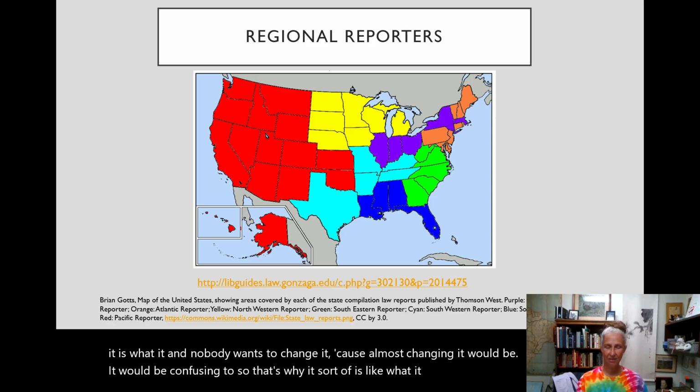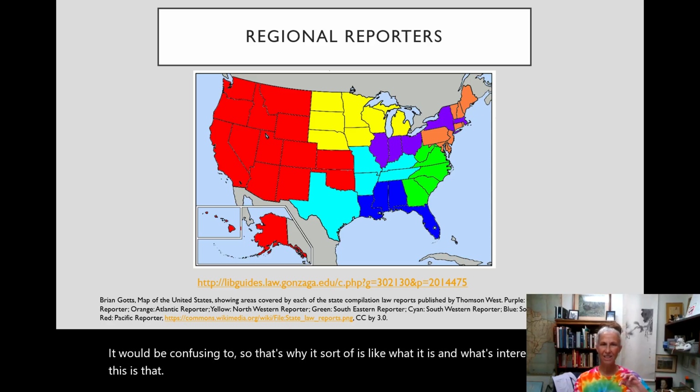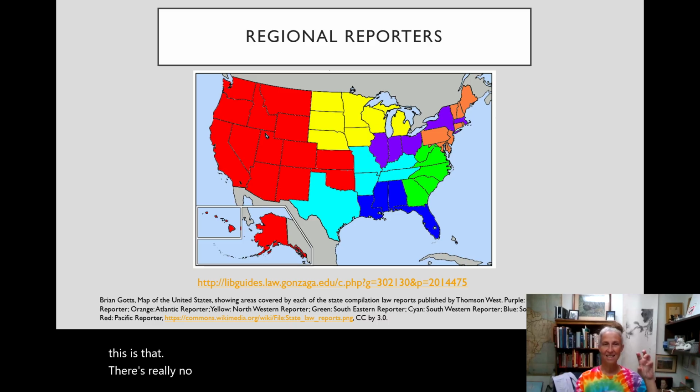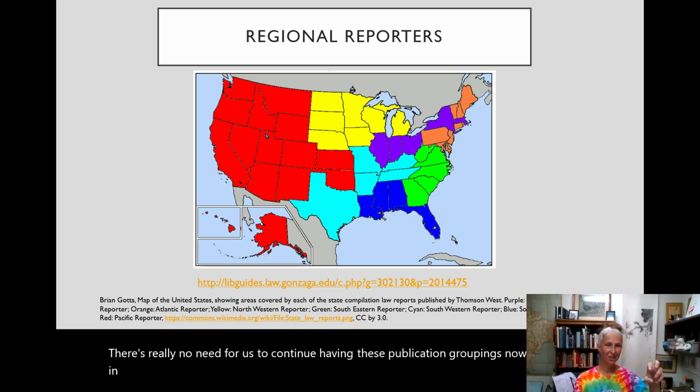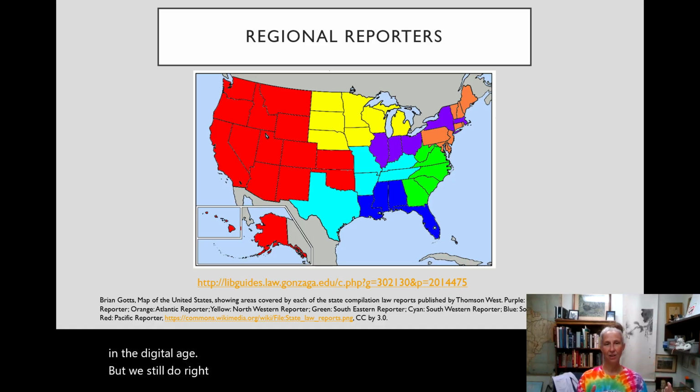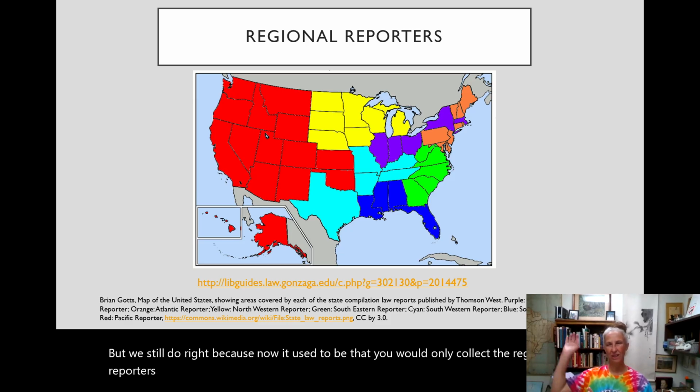And what's interesting about this is that there's really no need for us to continue having these publication groupings now that we're in the digital age. But we still do, right? Because it used to be that you would only collect the regional reporters for your area. You didn't really need to have all of them, right?